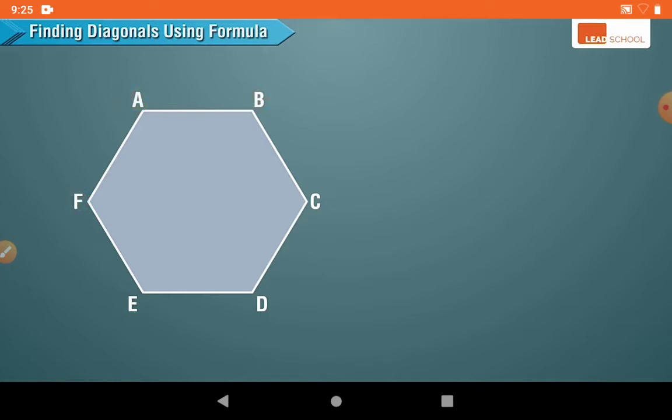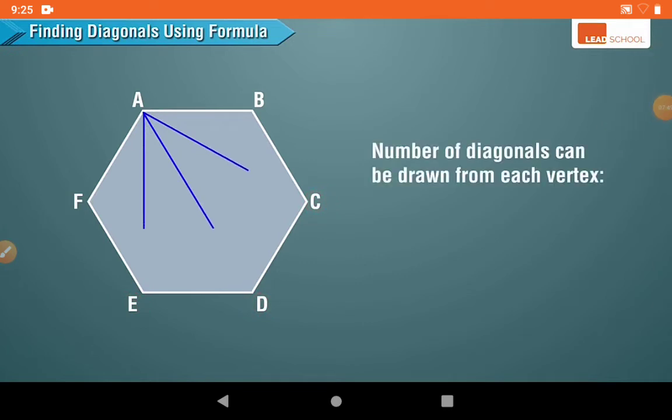Therefore, we can draw diagonals to the remaining vertices, which are 6 minus 3 vertices. That is 3. We can draw diagonals from vertex A to only vertices C, D and E.